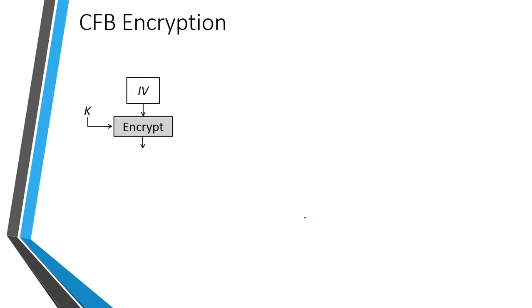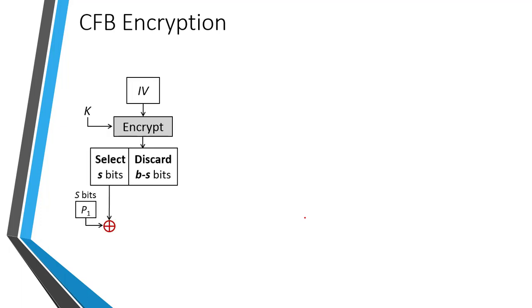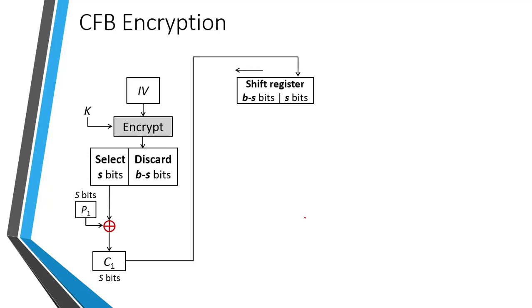In cipher feedback mode, the input to the encryption function is a 64-bit shift register that is initially set to some initialization vector. The leftmost S bits of the output of the encryption function are XOR with the first segment of the plaintext, that is P1, to produce the first unit of the ciphertext, that is C1, which is then transmitted to the next stage.